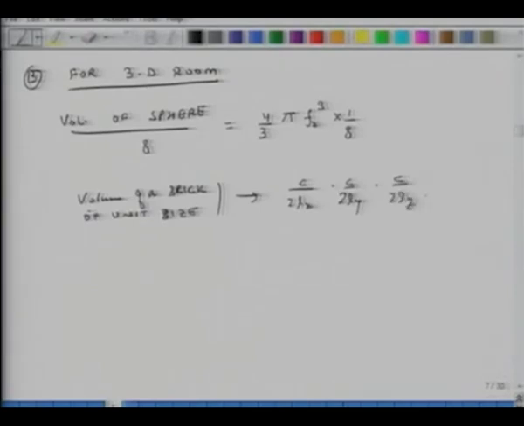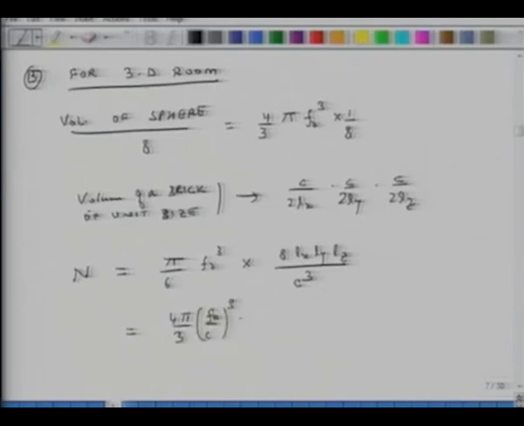So number of nodes n is basically, I take the ratio of these two. What that gives me is pi over 6 f naught cube into 8 lx ly lz over c cube, which gives me 4 pi over 3 times f naught over c cube times volume of room.